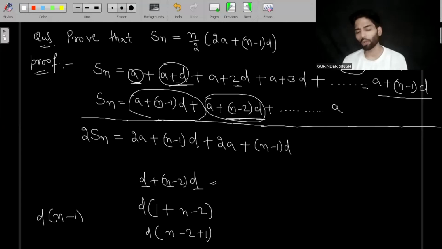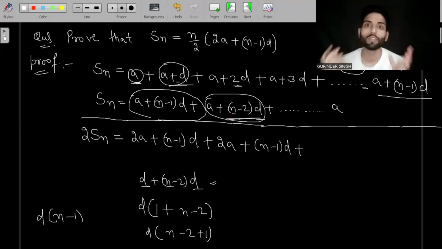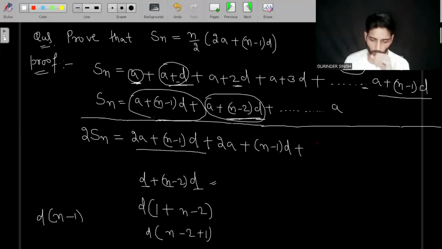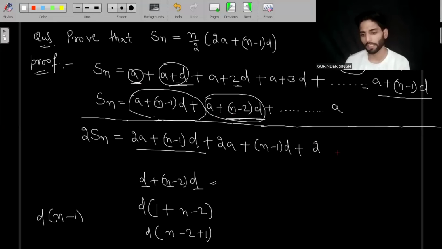Now, I'm not going to do all those calculations, but I'm giving you the trick. If you add the first number with the first number, second with the second, you will definitely get this number again and again. You will get 2a plus (n minus 1) into d, and so on.